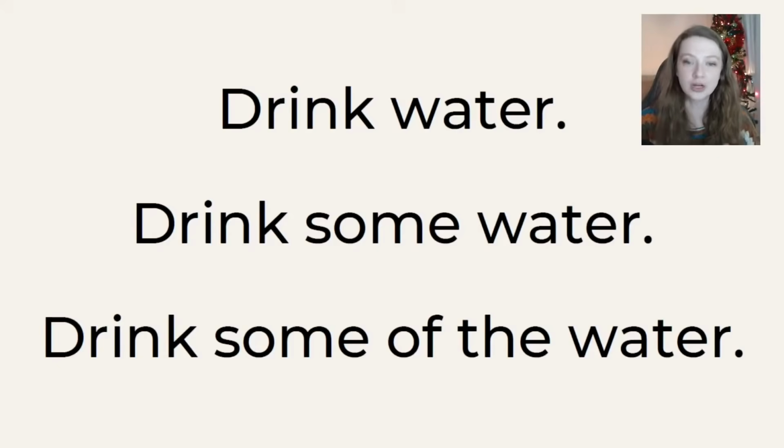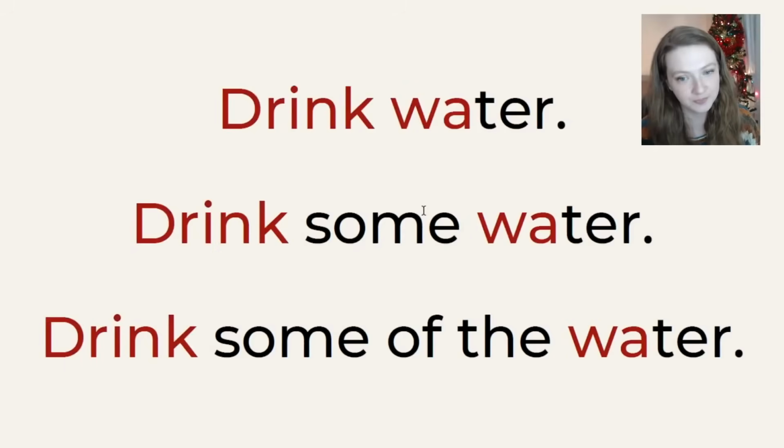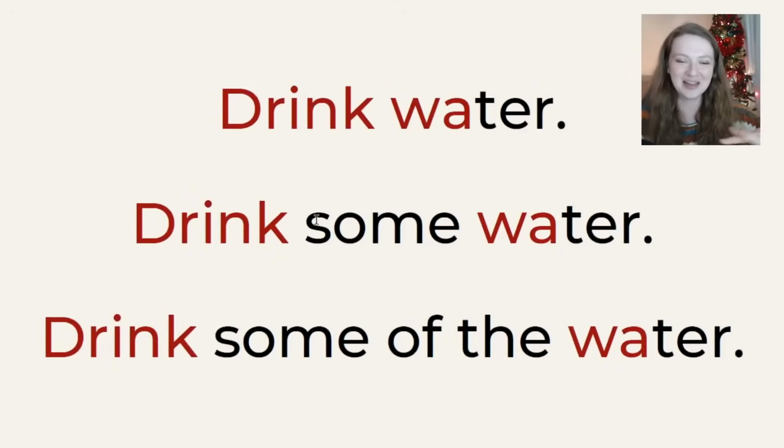But here, drink and water are important, so we stress them. Drink some water. Now, if I spoke a syllable-timed language like Spanish, let's imagine we are speaking English but with Spanish syllable-timed elements to it, sentence 2 would sound like: drink some water, drink some water, drink some water.